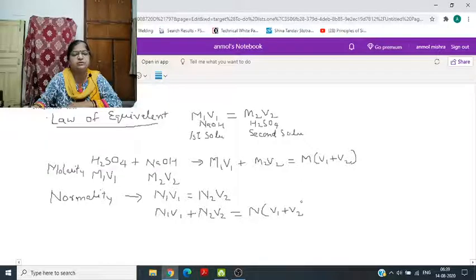I will solve one numerical for each formula afterwards. Next is mole fraction.